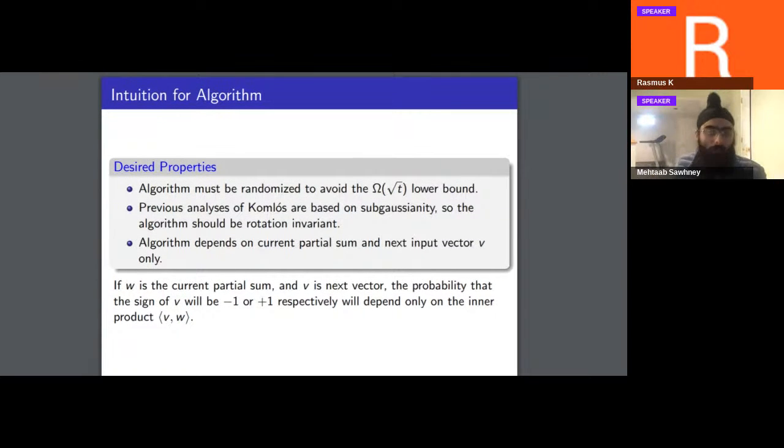In particular, our algorithm will be: you have a current partial sum W, you're given your next vector V, and you assign probabilities to plus or minus 1, depending basically only on the inner product of V and W.